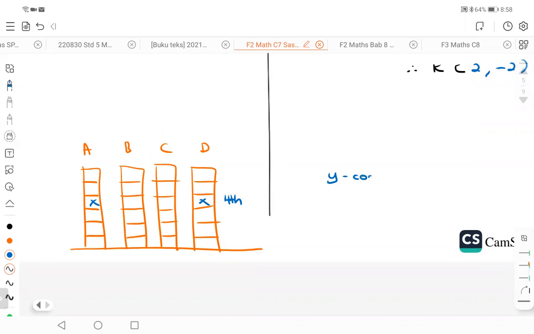Where is the y coordinate in the bracket? It's on the right side. They are just in different blocks only. One is block A, fourth floor, A4, and another one is D4.